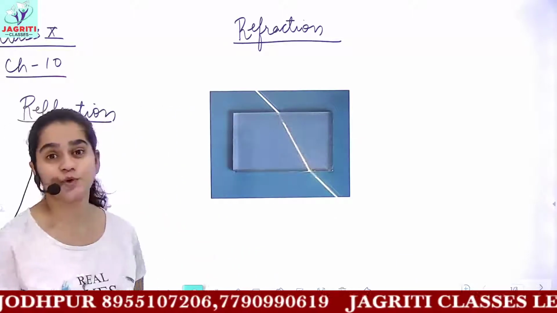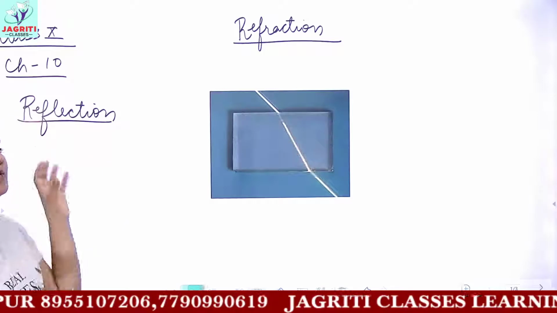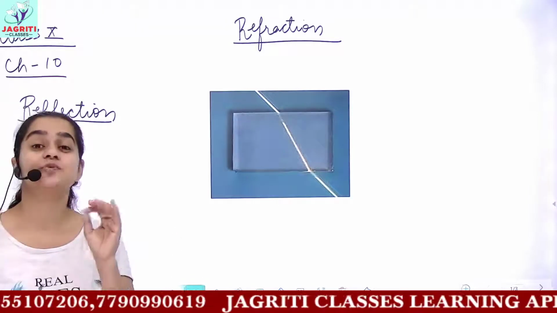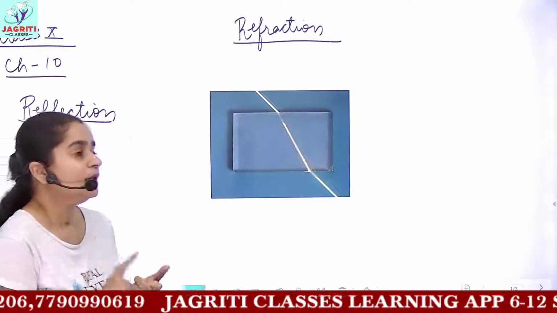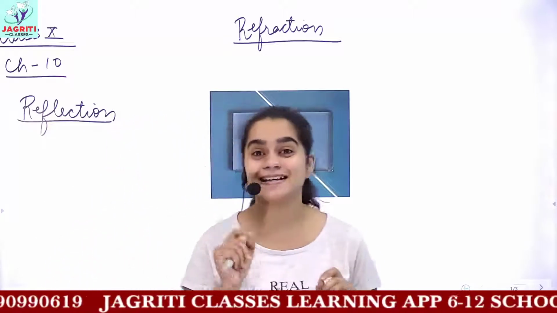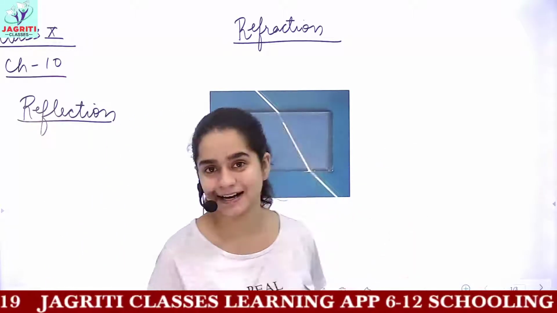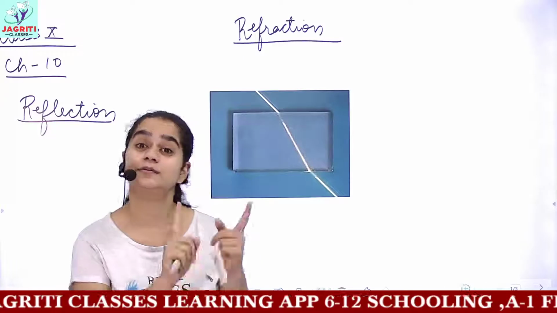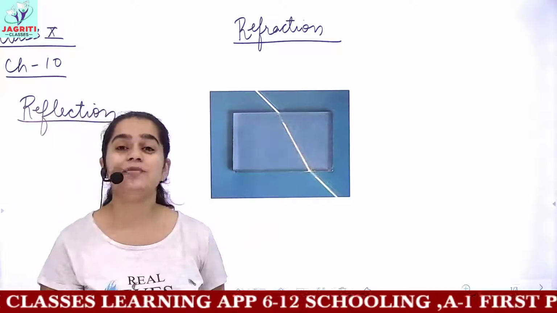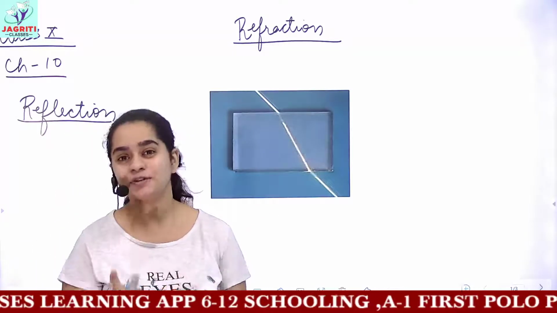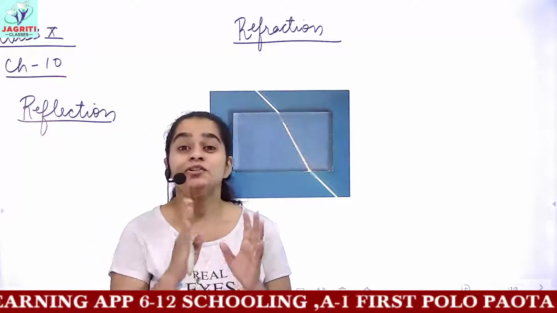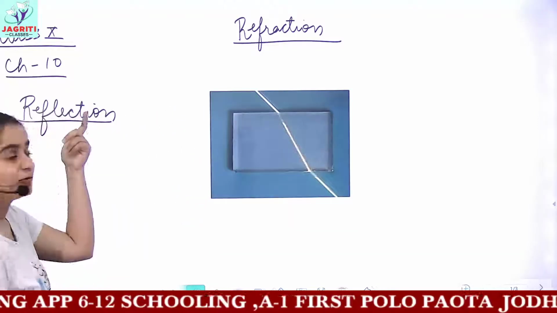We discussed 4 properties, and then some important definitions or terms used for spherical mirrors. Then we did the ray diagrams, which are very important, the optical diagrams for both concave and convex mirror. And then we went on to the topics of mirror formula and magnification. So this completed our topic reflection.